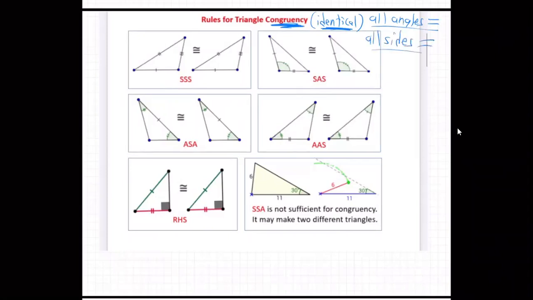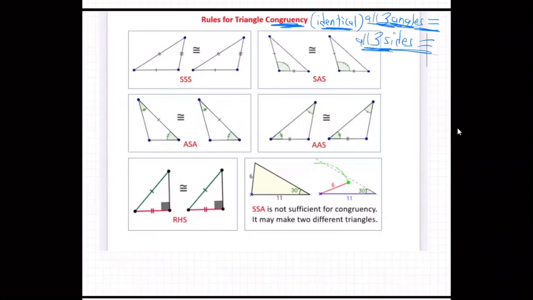All sides are equal. So if two triangles are congruent, that means they're completely identical in every way, meaning all three angles are equal, all three sides are equal.